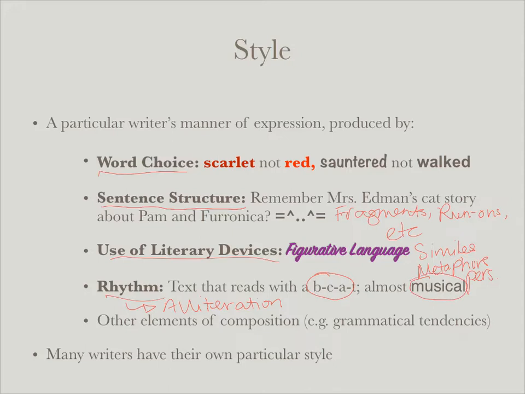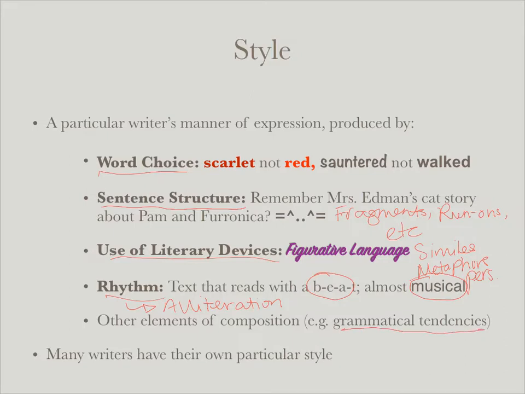Other elements of composition also go into style, grammatical tendencies, different preferences in language, those kinds of things. We talked in the introduction video that Sandra Cisneros breaks a lot of grammar rules.